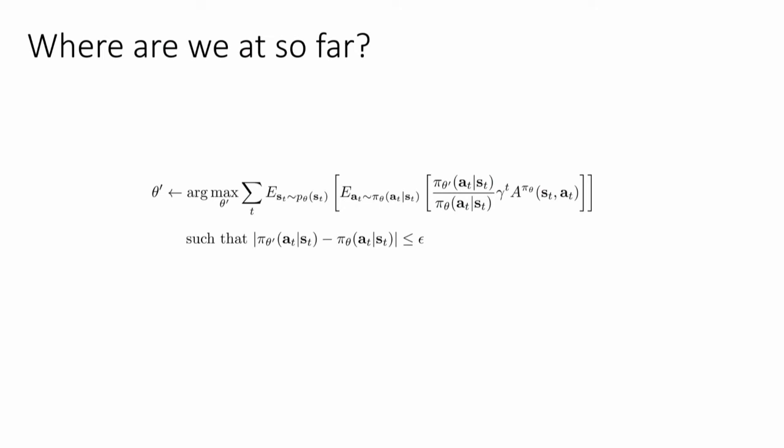We can maximize that objective with respect to theta prime, subject to a constraint that the total variation divergence between pi theta prime and pi theta is less than or equal to epsilon. And if we choose epsilon to be small enough, then optimizing this will actually improve j theta prime minus j theta.